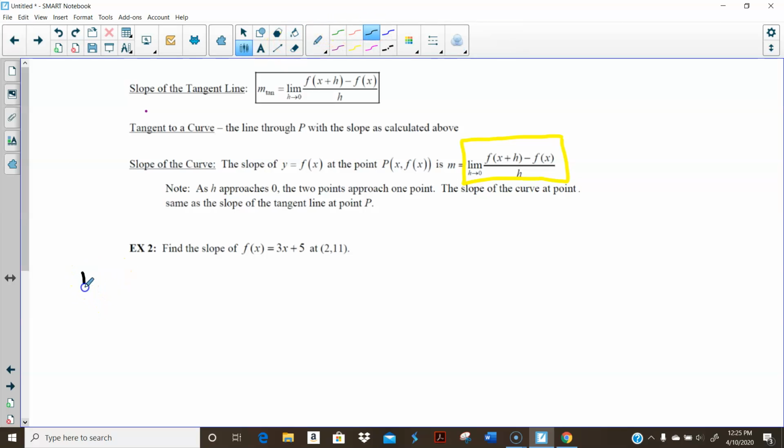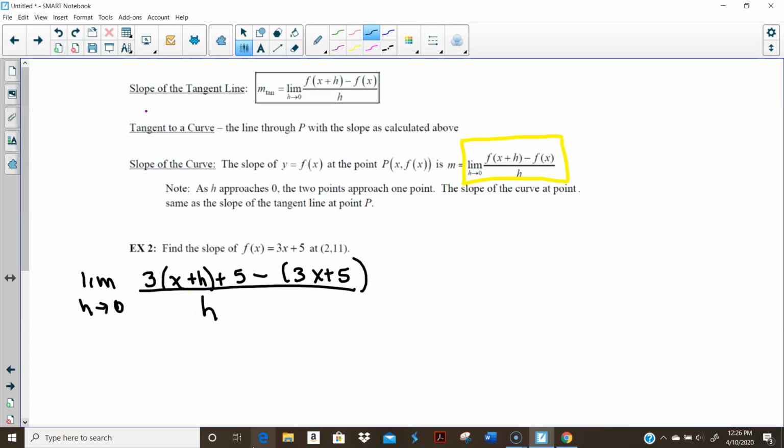I have the limit as h approaches 0, and then I have f of x plus h. Everywhere I see an x, I'm going to put in x plus h. And we've, again, worked on this all year. So I have 3 times x plus h plus 5. And then I'm going to subtract f of x, and f of x is 3x plus 5. Make sure you put the whole thing in parentheses.